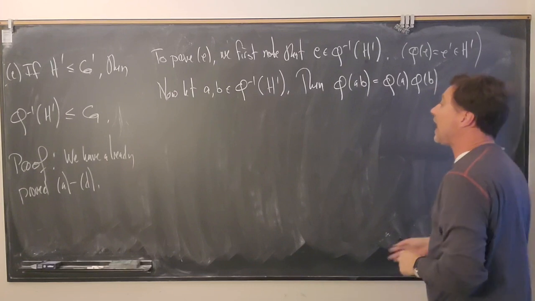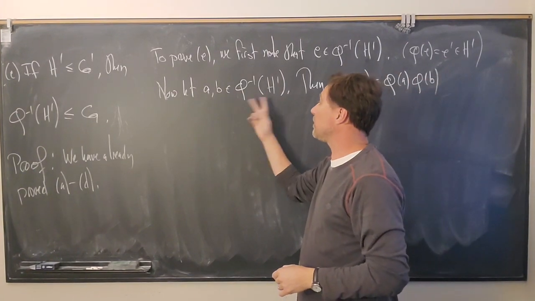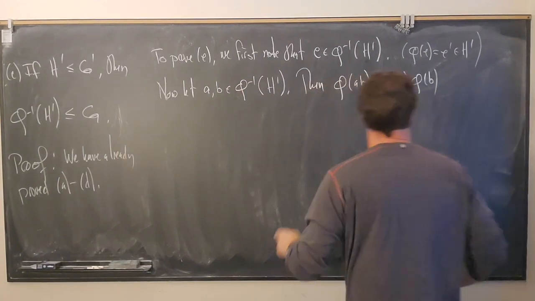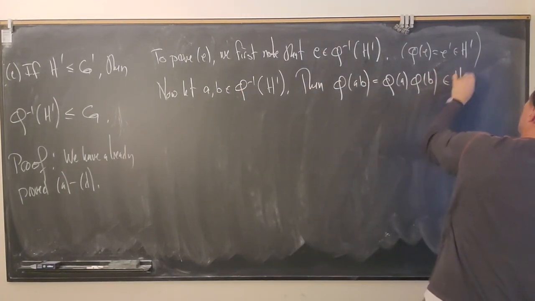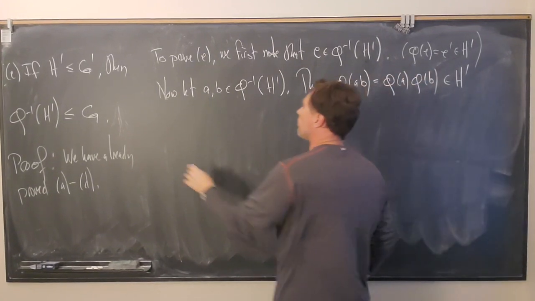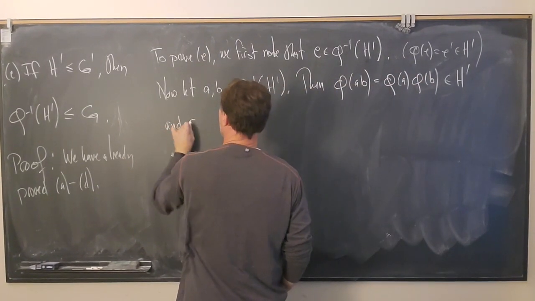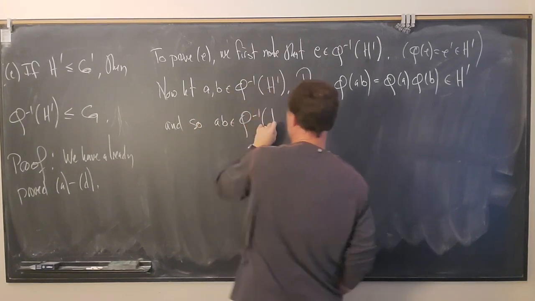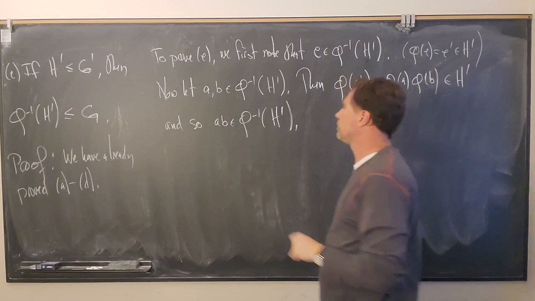Now, because a and b are in the inverse image, that means phi of a is in H prime, phi of b is in H prime, so this is in H prime. And so ab is in the inverse image. That's just by definition of what it means to live in the inverse image.